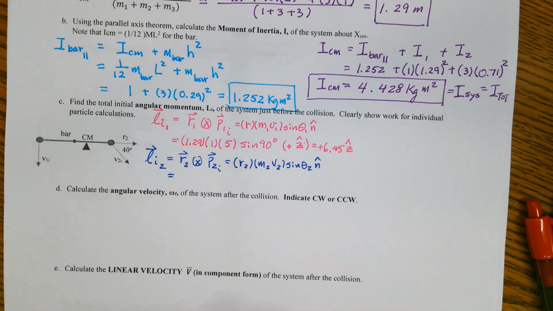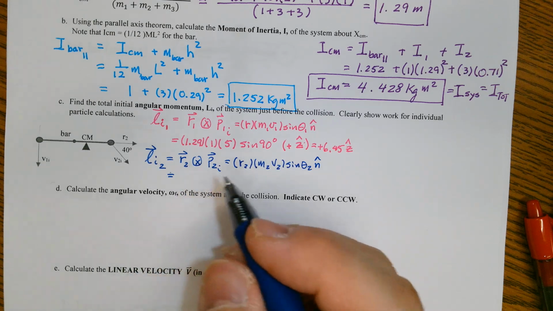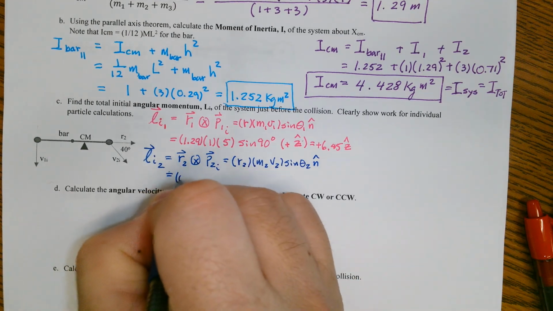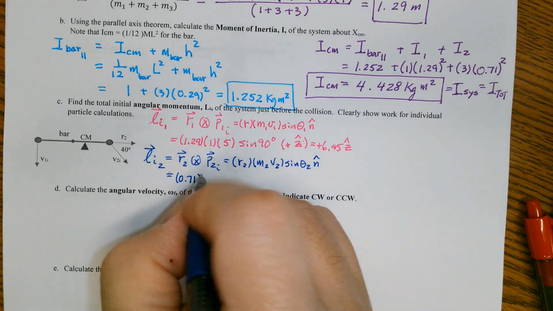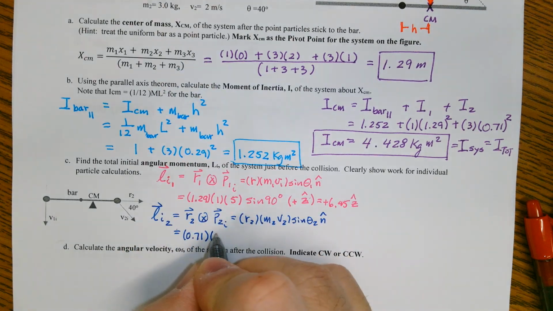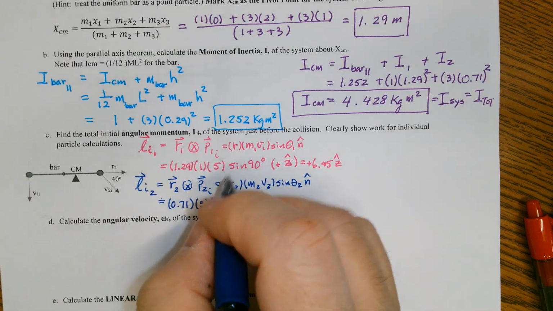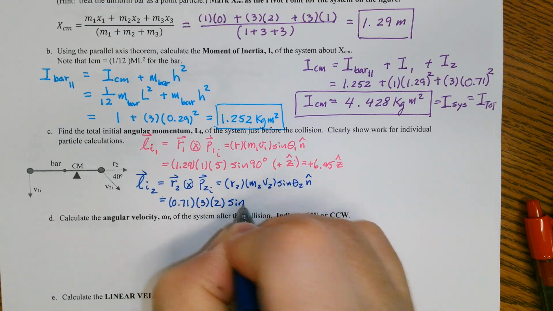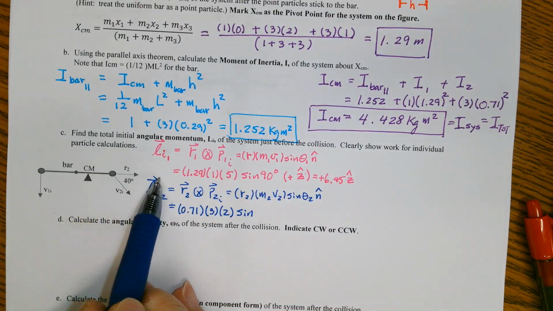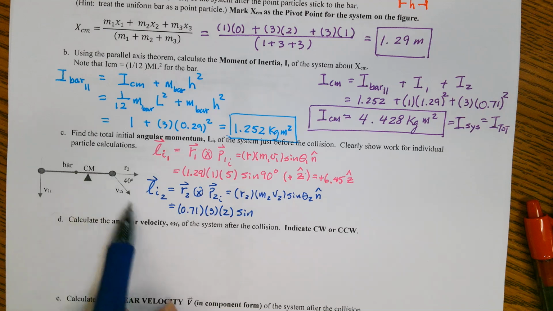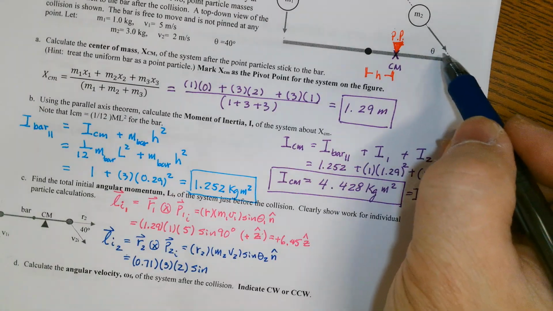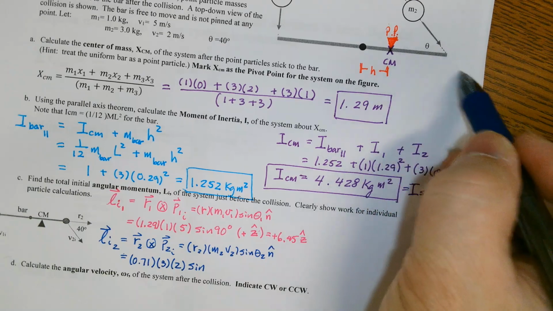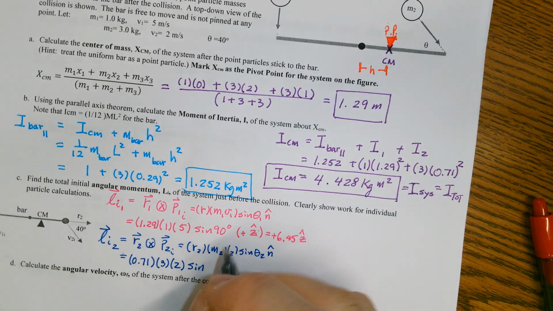So this comes out to R2 is 0.71 times M2, which is 3 kilograms, times V2, which is 2 meters per second, times sine of the angle between R and P, which is basically 40 degrees, because the vertical angles are congruent.